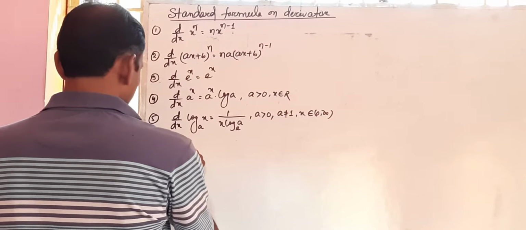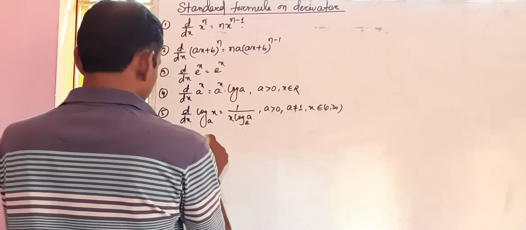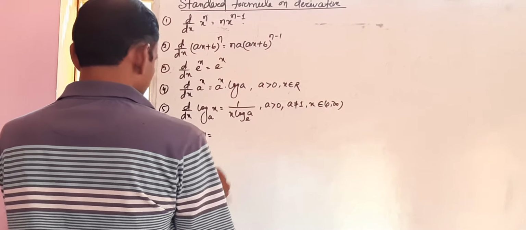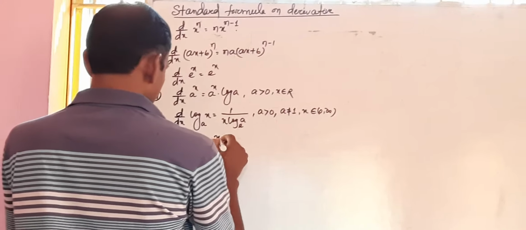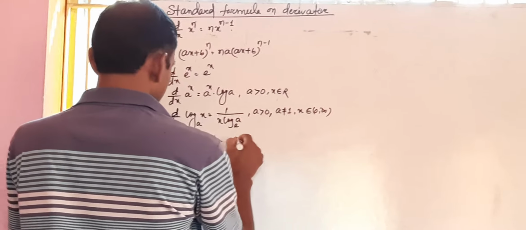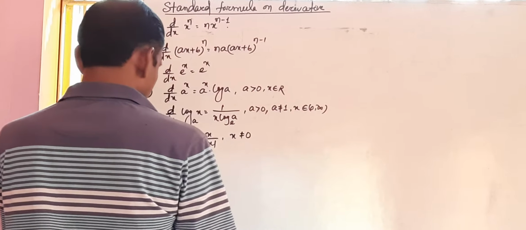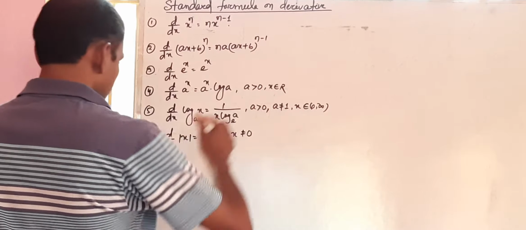Then number 6, derivative of modulus of x is x by mod x, where x is not equal to 0.